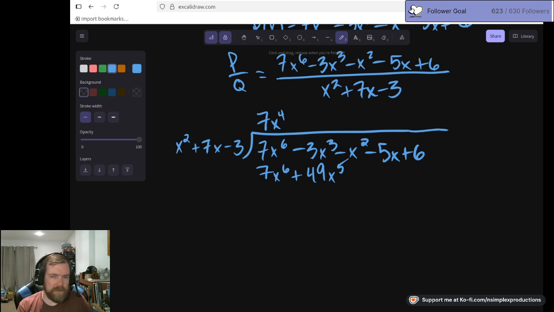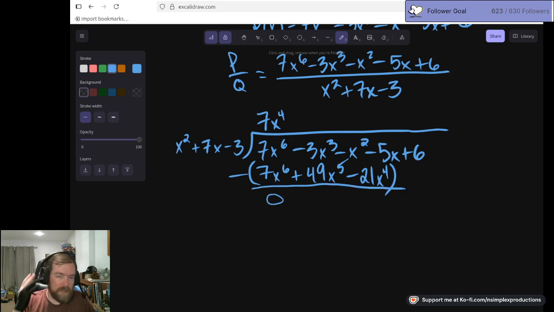Then we multiply 7x to the fourth times negative 3, and we get a negative 21x to the fourth. And again, because we're dividing, we're trying to figure out how many times we can subtract this from that thing. That's 7x to the fourth. Our 7x to the sixth minus 7x to the sixth is going to be 0. It was engineered this way. Then we go to our next terms.